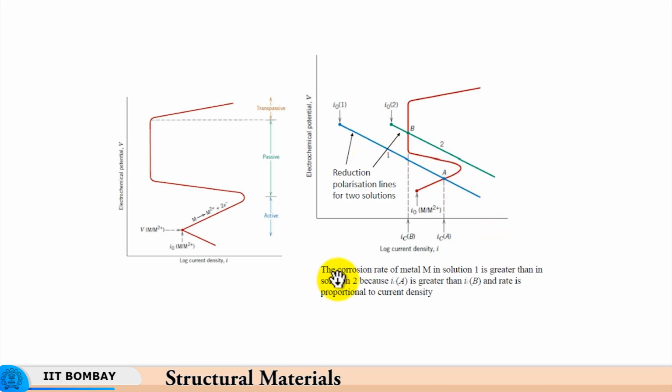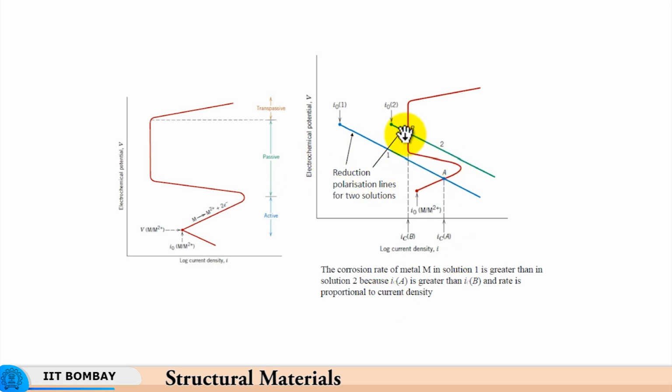In this case the metal M will undergo a higher corrosion rate in solution 1, because I_C, the corrosion current which intersects this line, is much higher than the corrosion rate of the second solution. For example, I_CB is much lower, and so the rate of corrosion is much smaller here as compared to the rate over here.